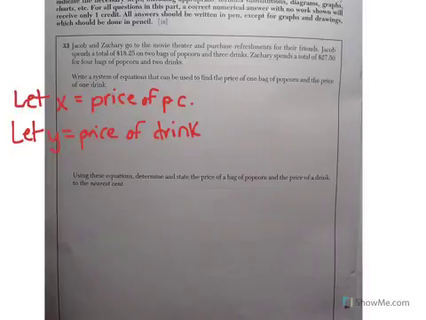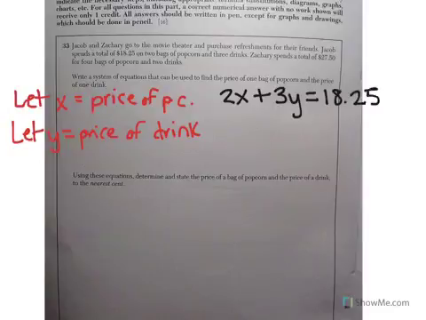Okay, now we need our equations. So, starting with Jacob. Jacob spends a total of $18.25, and he spends it on 2 bags of popcorn, so 2x, plus he gets 3 drinks, 3y, and again, his total is $18.25. So remember, with these equations, when you're dealing with money, it's always cost times quantity equals your total.